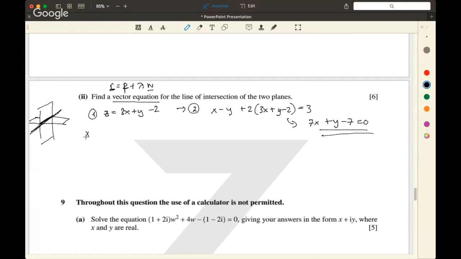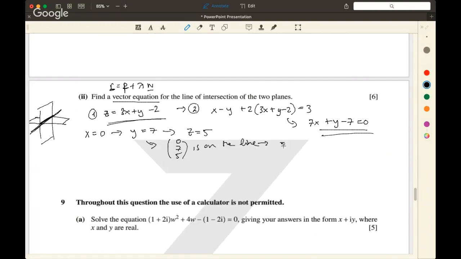So that means that when x is equal to 0, that means that y is equal to 7. And then if we plug that back into this equation here, that gives us that z is equal to 5. So we know that the point 0, 7, 5 is on the line.